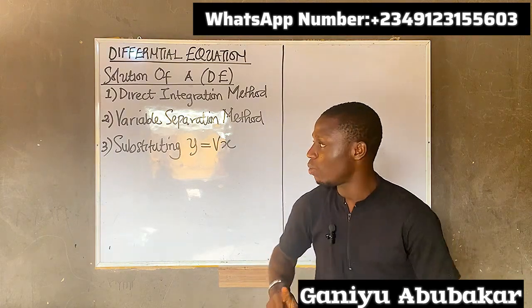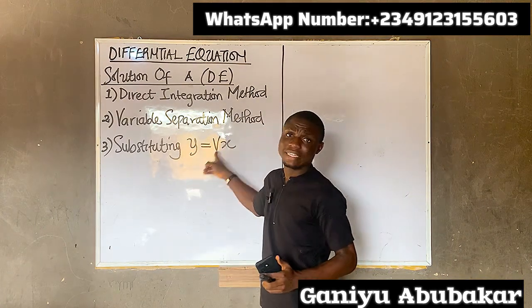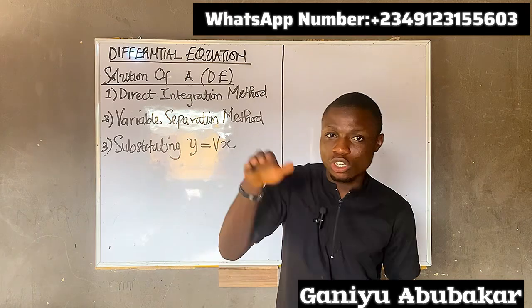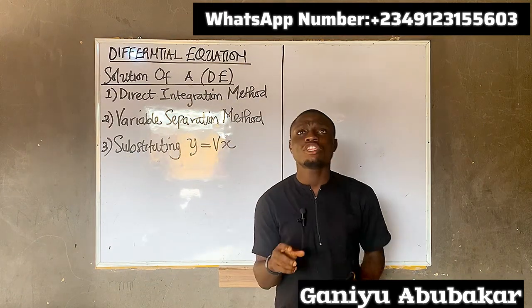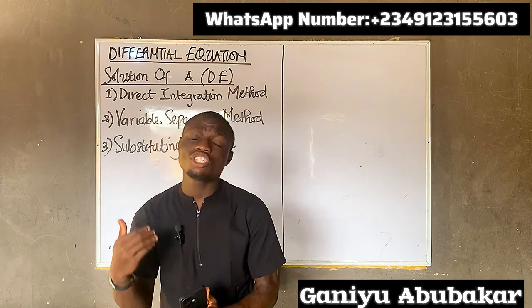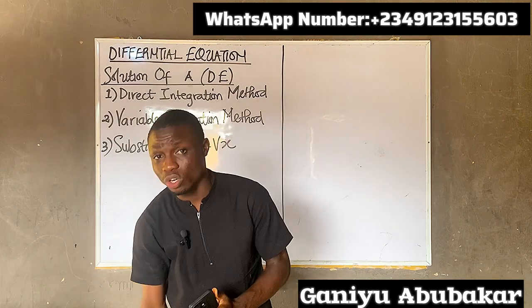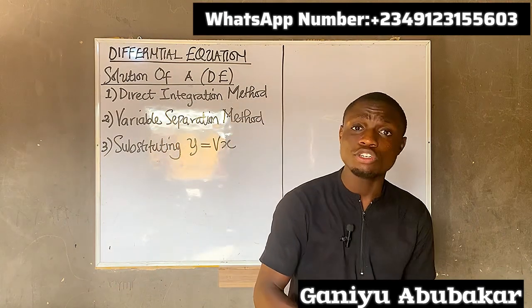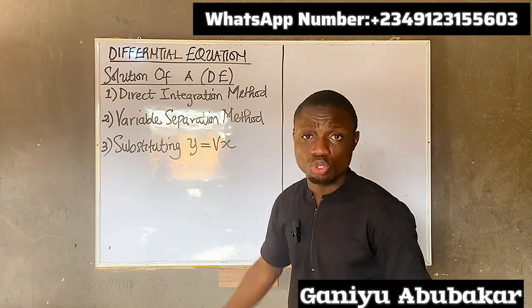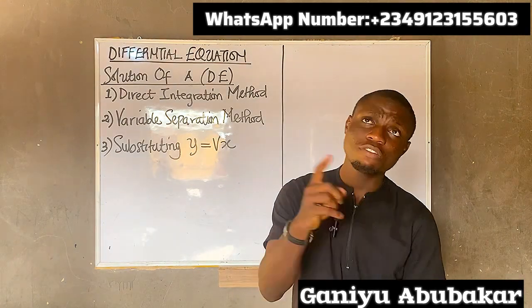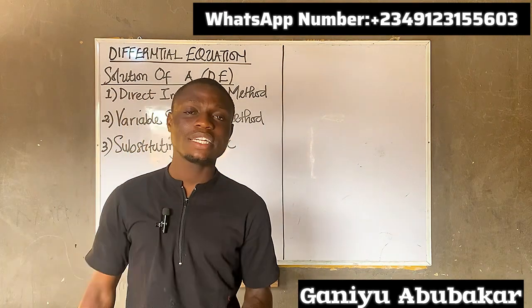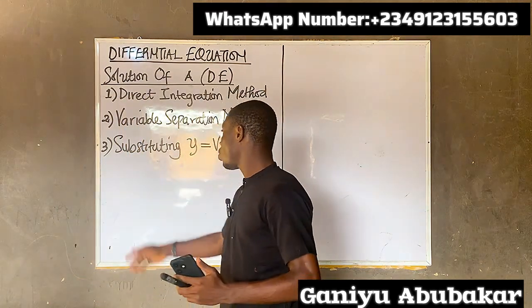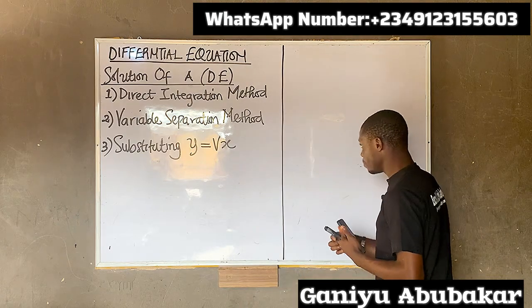That case is a case under substituting y as vx. Please know this concept. I'm saying this is not a method. It's just a technique of approaching some problems under the differential equation. There are some equations that you can't use number one and two to solve, so you have to change y in the question as being vx. So this is number three, the third solution of a differential equation.